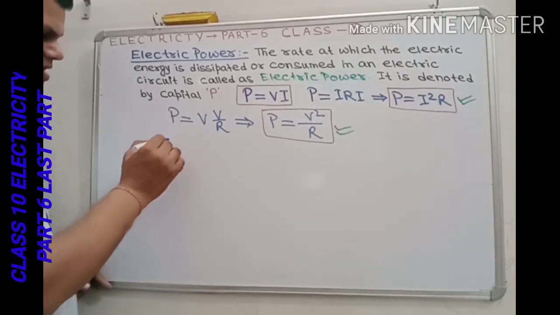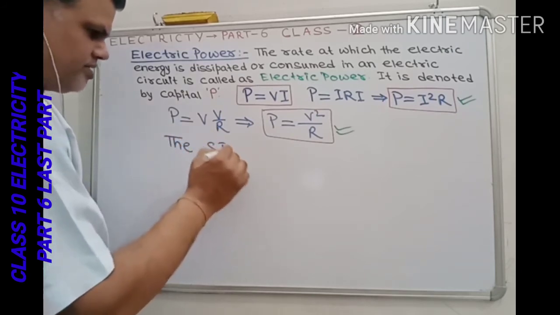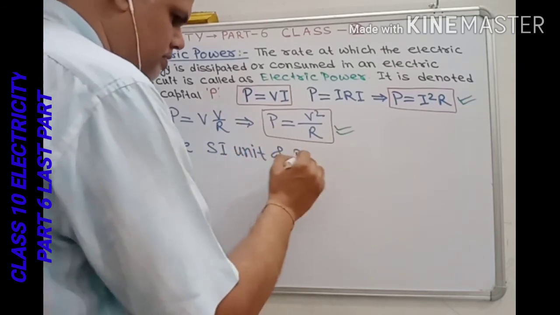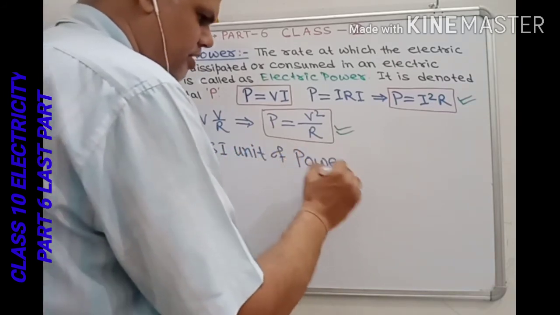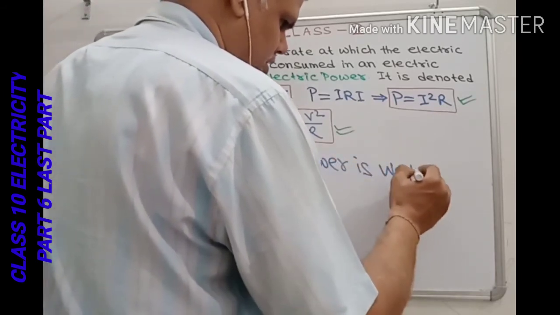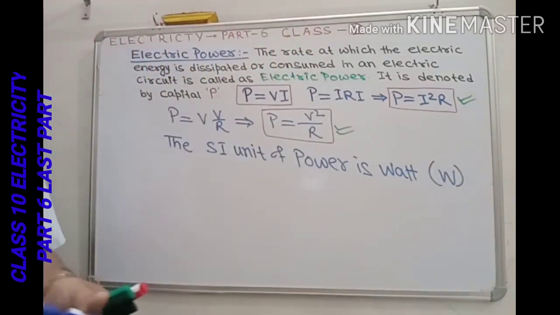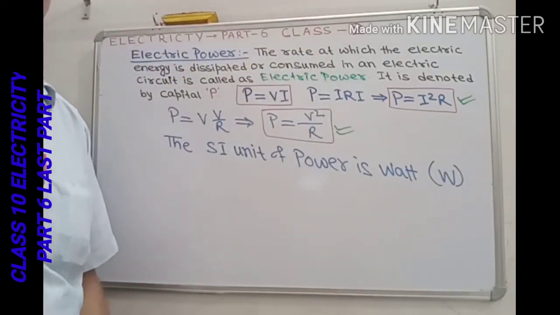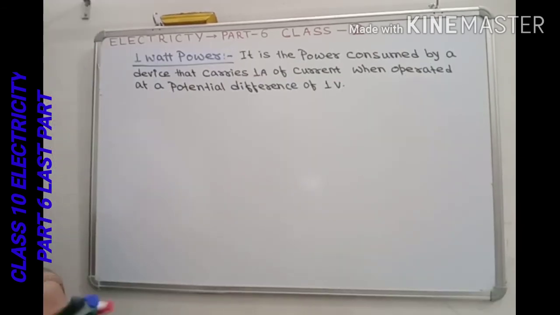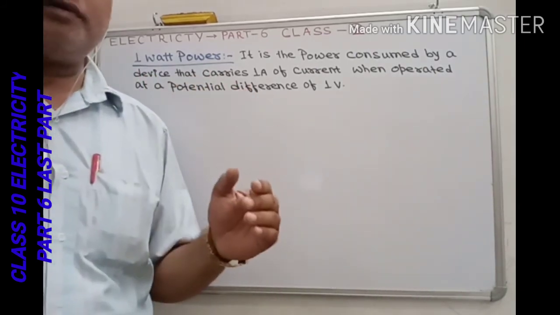The SI unit of power is watt, denoted by capital W. Now we will define 1 watt of power.